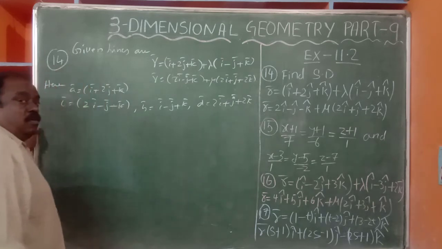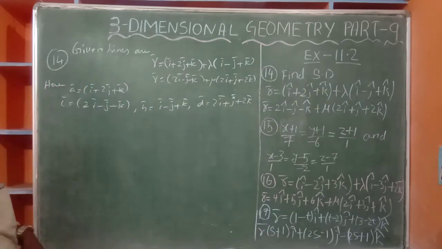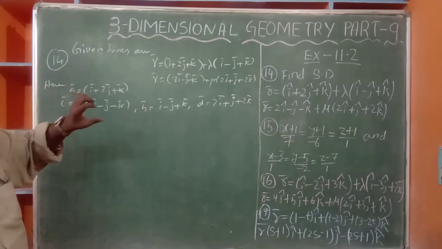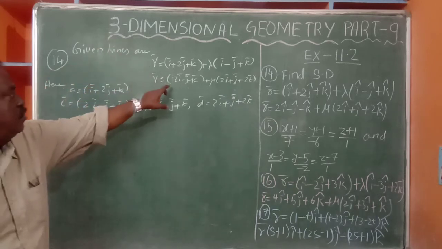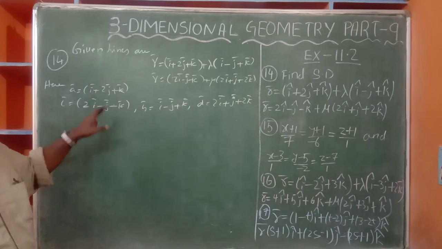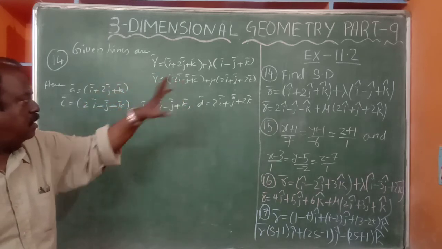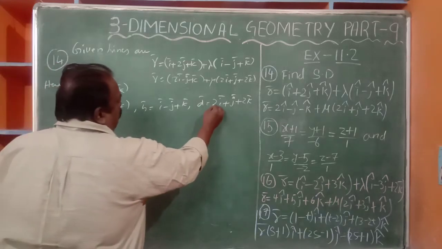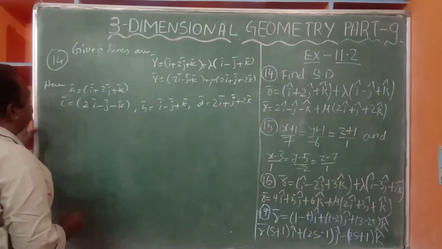What are hidden in the given vector equation of lines? That is A bar and this is C bar, and that is B bar, the next one is D bar. First we have to mention it.